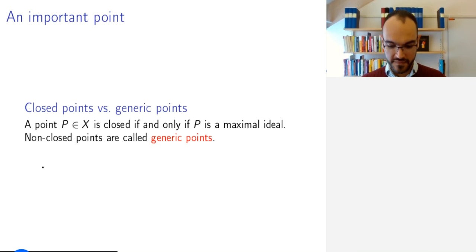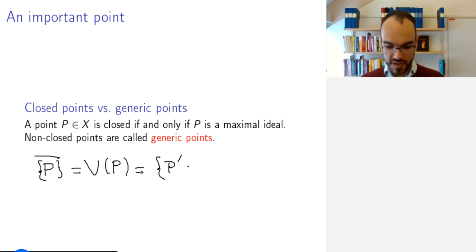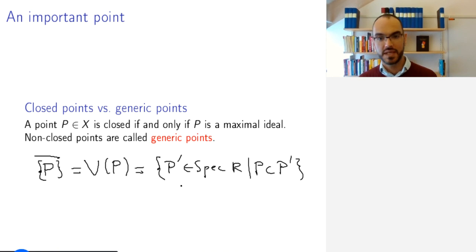Well, that is because if you take a point P and consider the closure of the set containing P in the Zariski topology, if P is closed, this should give you just P. But instead, this is in general V(P), which by the previous definition is the set of all primes in Spec R that contain P. So if P is not maximal, then the closure will be the set of all primes containing P. I mean, this is true also if P is maximal, but if P is not maximal, this will certainly not be the set of P itself.